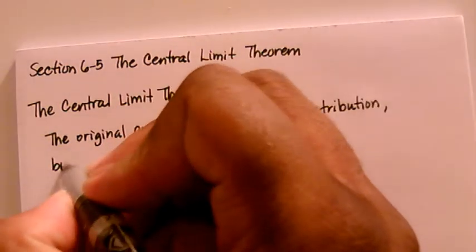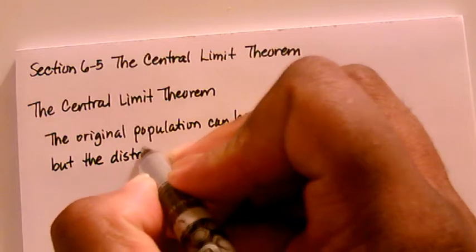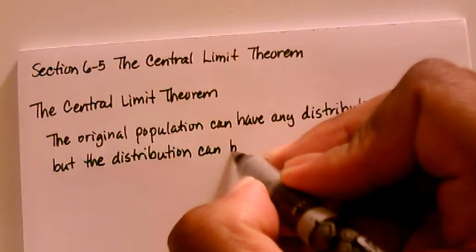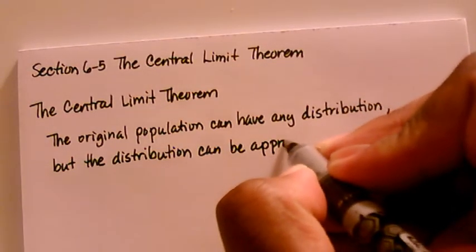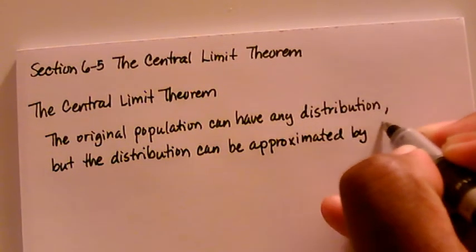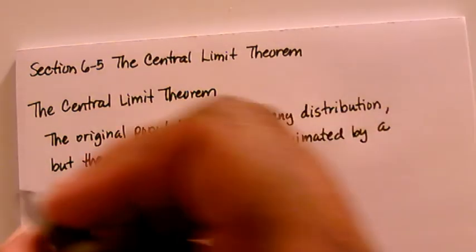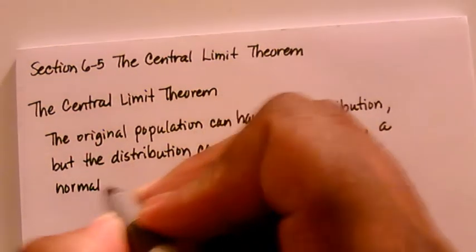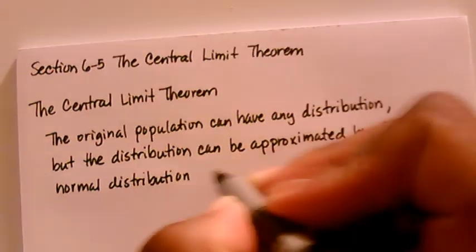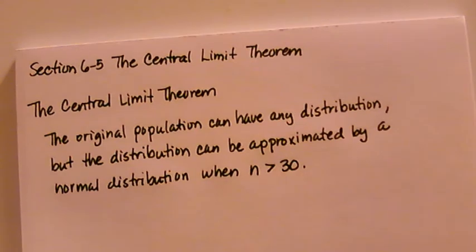But the distribution can be approximated by a normal distribution when n, that's your sample size, is bigger than 30.